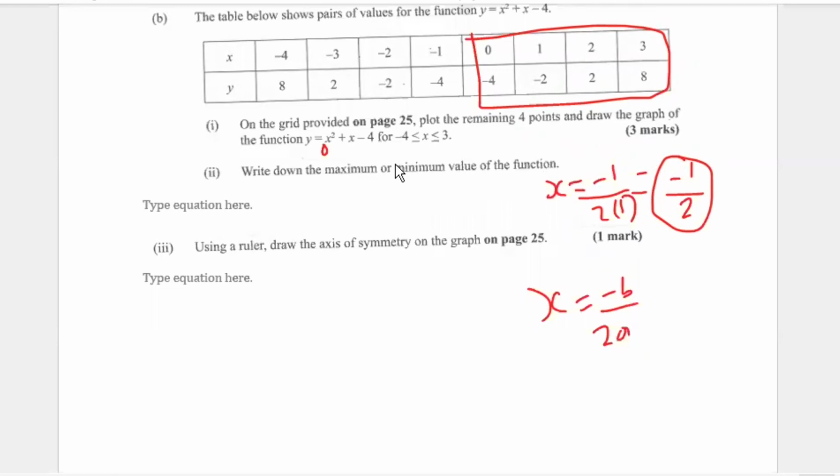So following from the function, we have negative a half squared plus negative a half minus 4.